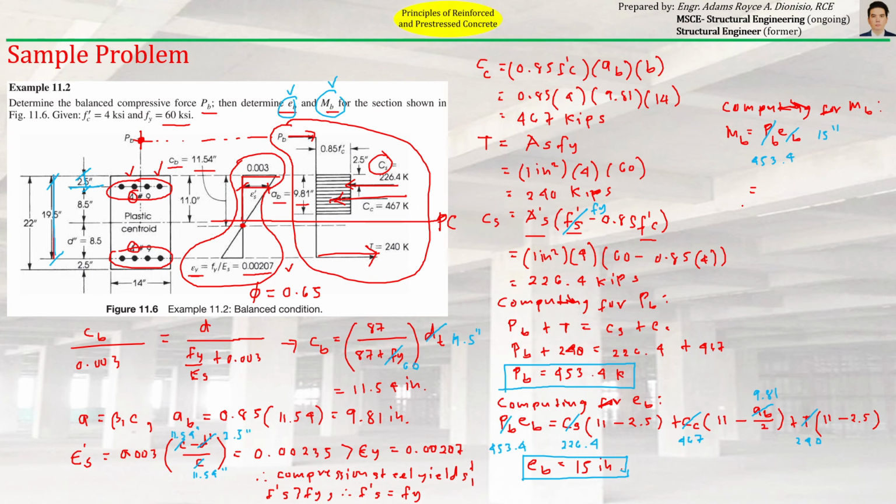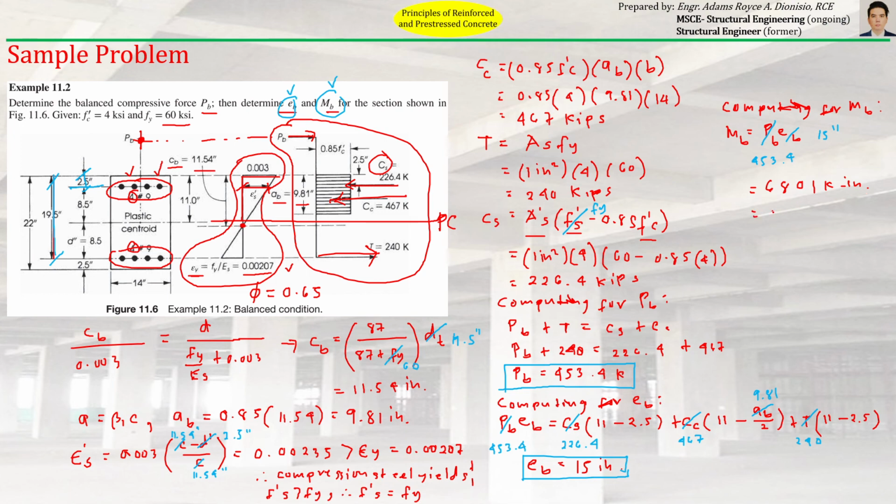So that will just be equal to 6801 kip inch. 453.4 times 15 niya, 6801. Or kung gusto natin siyang gawing kip feet, we can just divide it by 12.